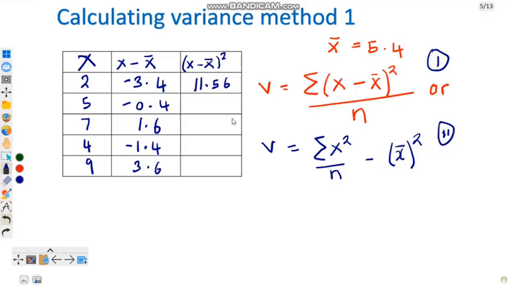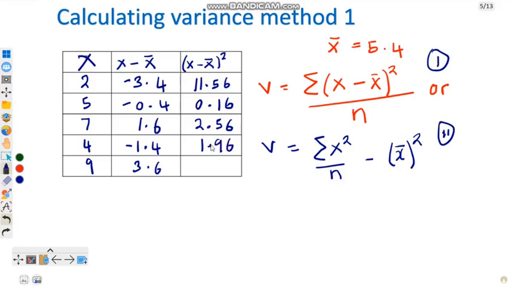Next, negative 0.4 squared. This will give us 0.16. Then next we have 1.6 squared. This will give us 2.56. Then negative 1.4 squared will give us 1.96.